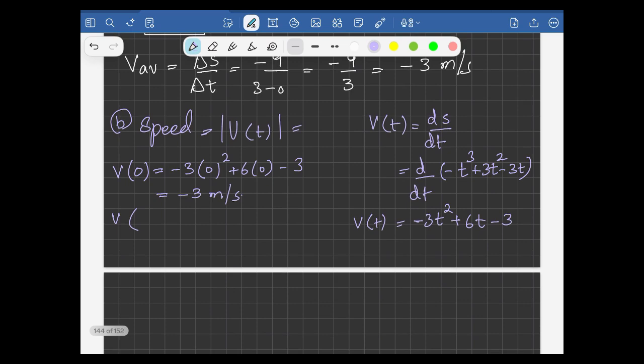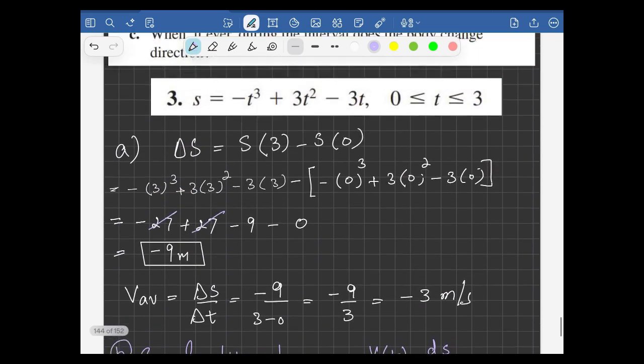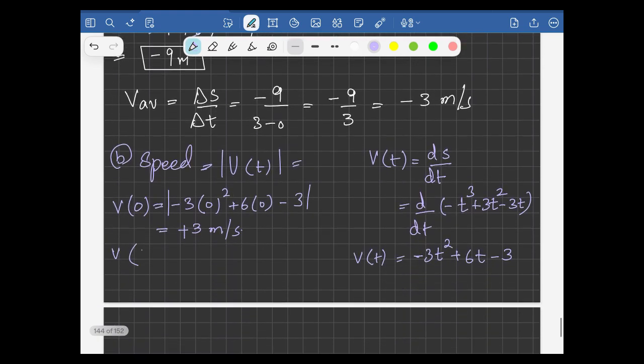We need to take the absolute value, so it would become positive. So speed at point 3 equals the absolute value of minus 3 into 3 squared plus 6 into 3 minus 3.